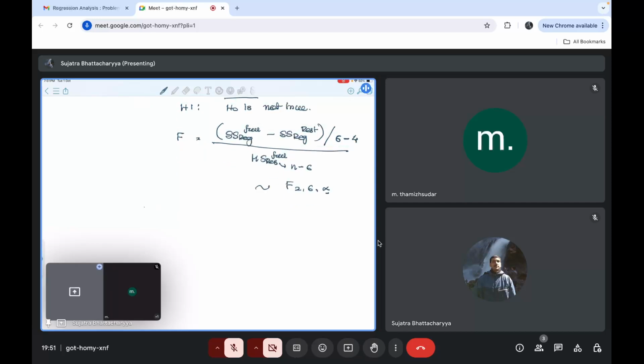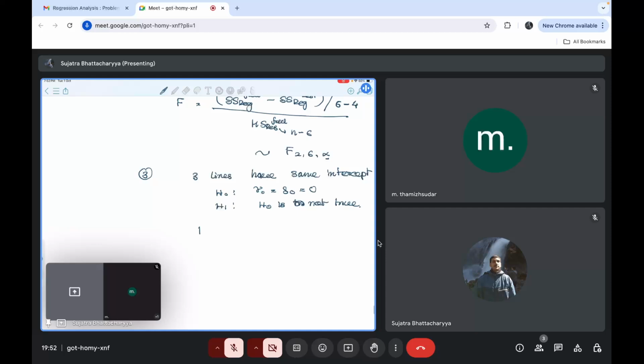Fine. The last one. Now the three lines have same intercept. For same intercept, what you will write? H naught as gamma naught is equal to delta naught is equal to 0. H1 is H naught is not true.